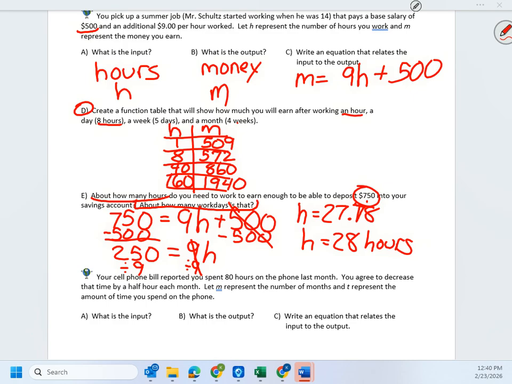Henry? I believe it's about 3.5 work days. So you could say about 4 work days, and actually on here, he says 3.5 days, so he did accept the half.